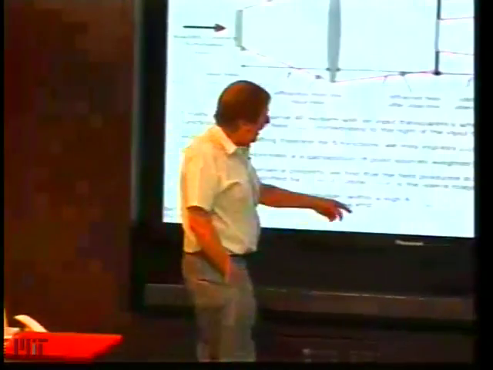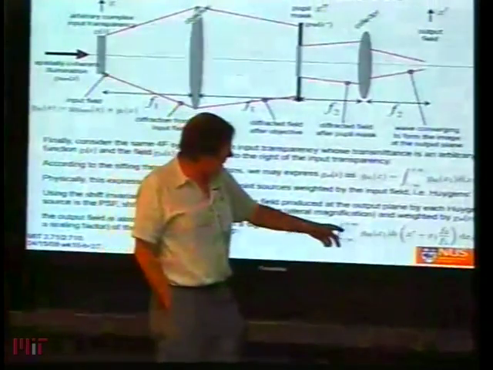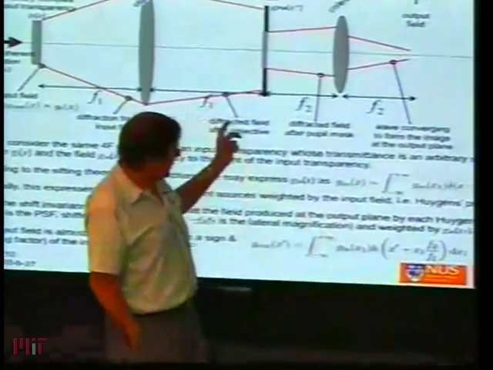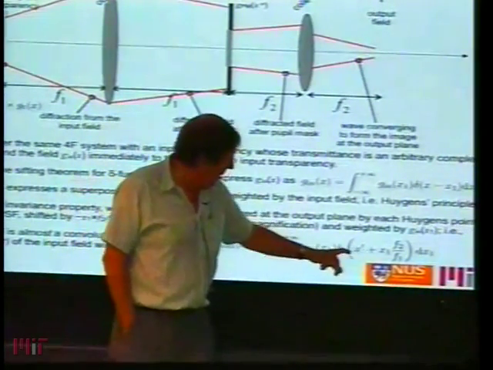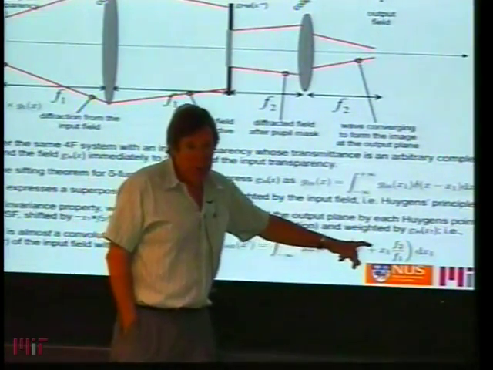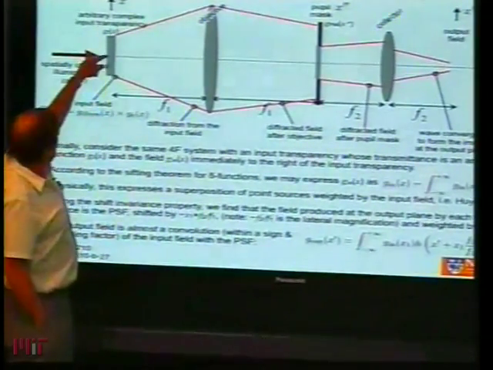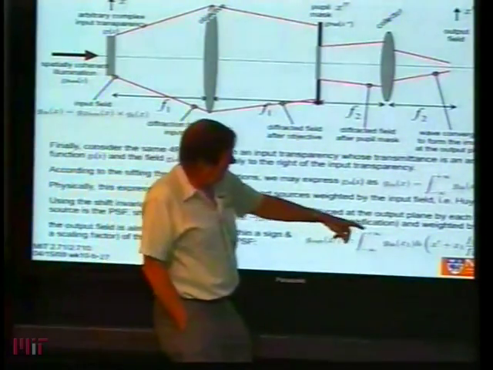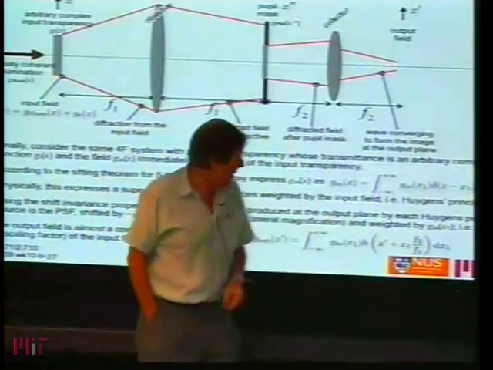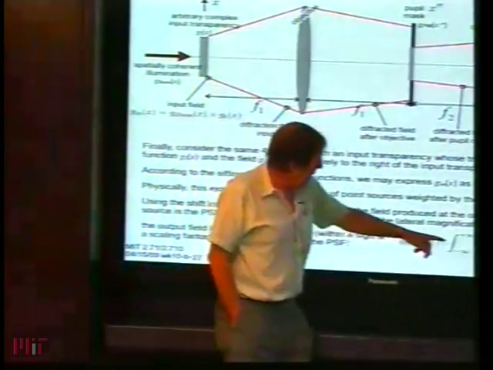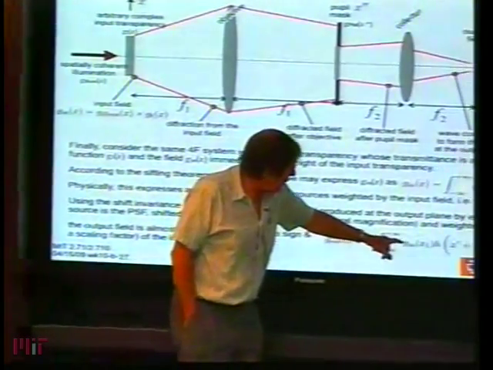So therefore what we get out is going to be this integral. Each of these delta functions is going to produce an image given by this point spread function. The point spread function is shifted a distance which depends on the original distance, but is scaled according to this factor we mentioned earlier. And the strength of that component is given by this value g in at this point.